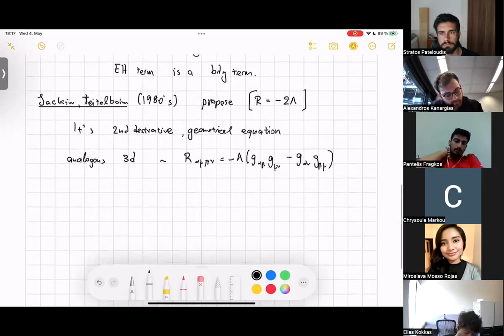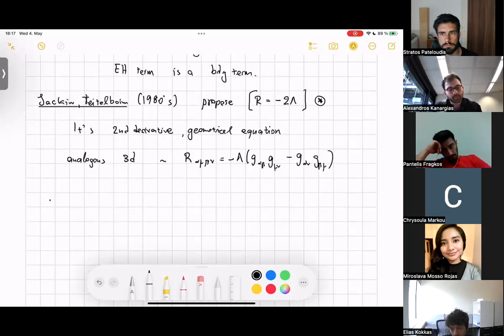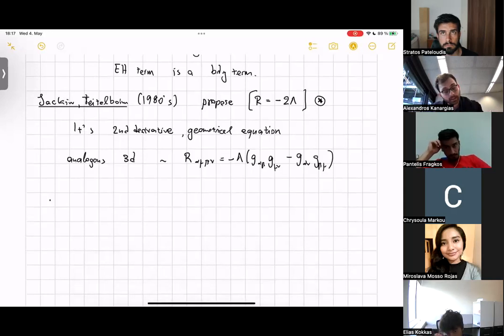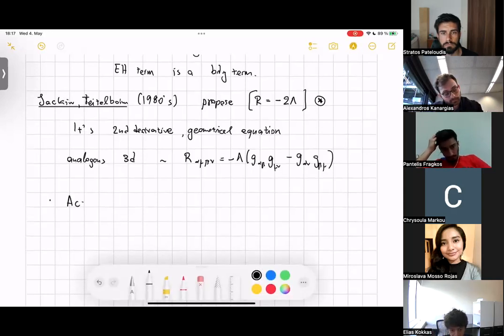Another motive for JT gravity now is, sorry, before that, this equation right here can be derived by an action, because we usually work with action. An action for this would be the following.